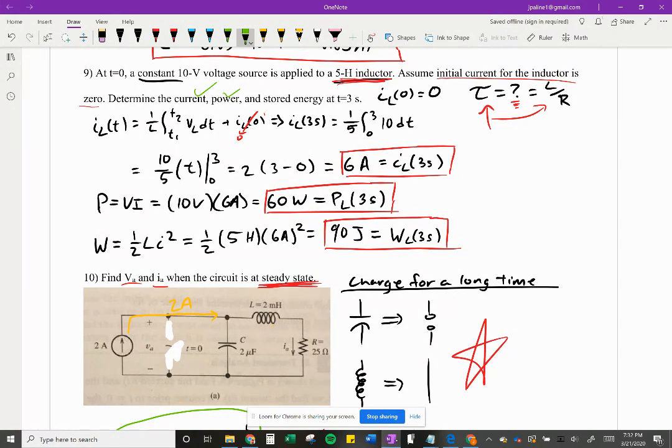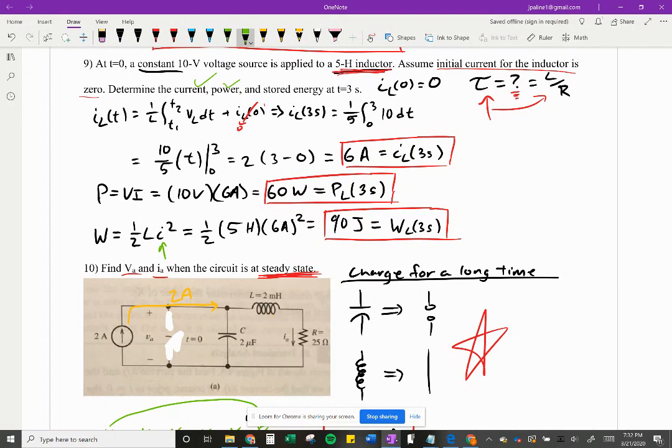So let's plug in our values here, and it will give us 90 joules for the inductor at 3 seconds. And kind of showing here how your inductors deal with current. So a lot of current things in here.